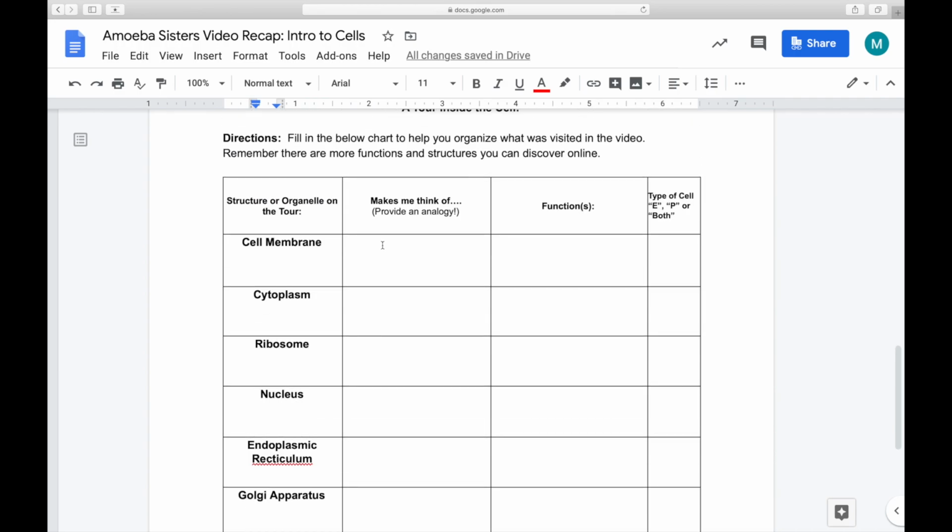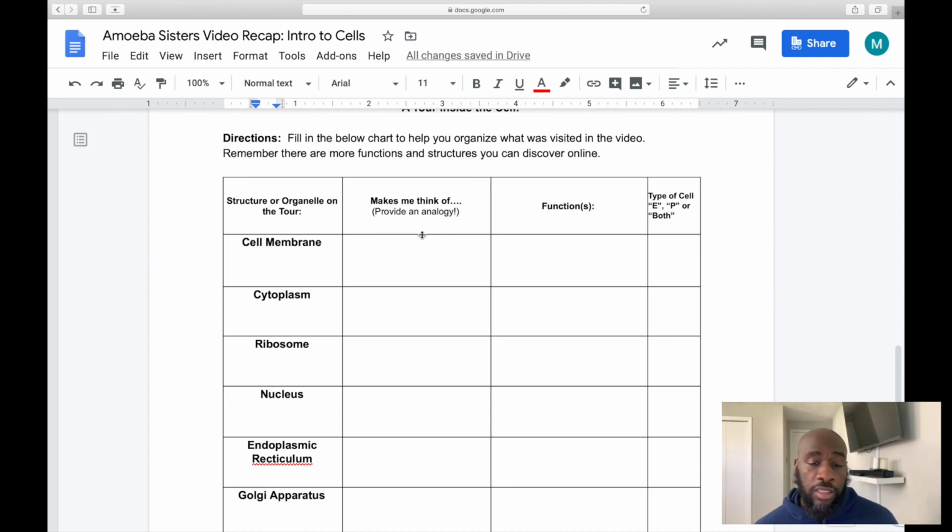So let's do the first one together. The cell membrane. In this chart, this next column says, makes me think of. So I want you to think of an analogy. The primary function of the cell membrane is that it controls what is let into the cell and what gets out of the cell. To me, that makes me think of a security guard.